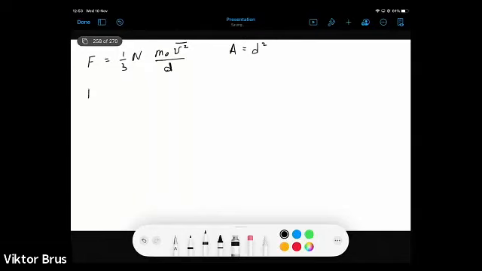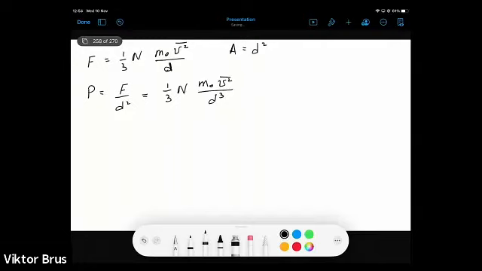So now pressure is equal to this force divided by D squared, and that is equal to 1/3 times N times M naught V square average divided by D cube.